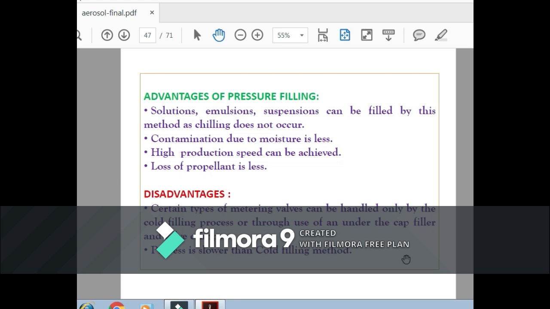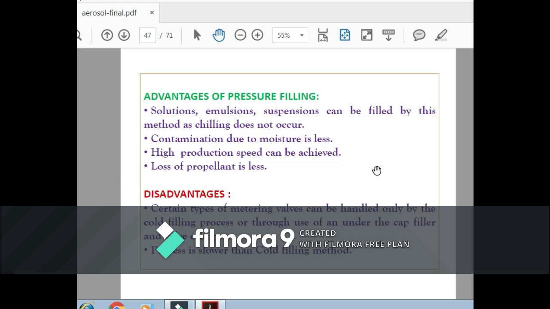Only because of the high pressure we are converting your propellant into the liquid state, and then only we are able to add it into your container. Contamination of moisture is very less. Then high production speed is achieved. It means we can very fast fill up your containers.